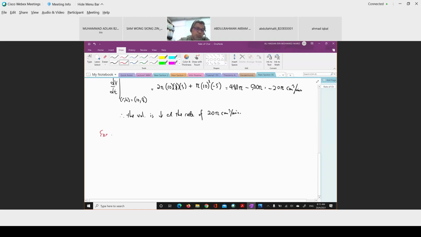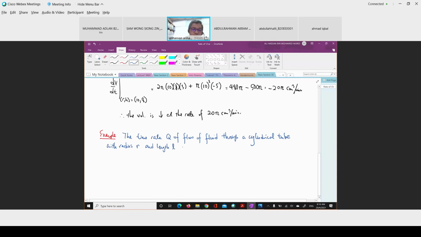Okay, let's look at another example. This one is a problem related to fluid. The time rate, represented by Q, of flow of fluid through a cylindrical tube with radius R and length L is given by this formula here.